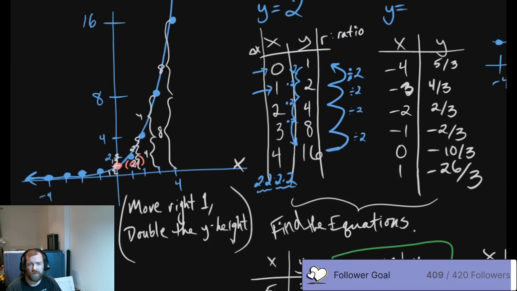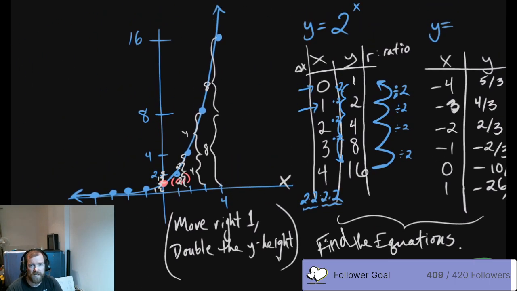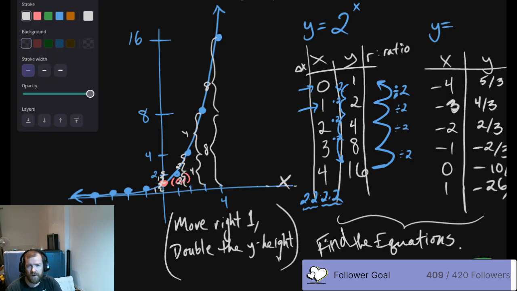Now on the original, it was the x-axis. And as we move further and further to the left, we kept cutting our distance to the x-axis in half over and over and over again. This will always have some distance between it, the point you have, and the x-axis. There's always a distance. You're just cutting that distance in half every time. But there's still some space.